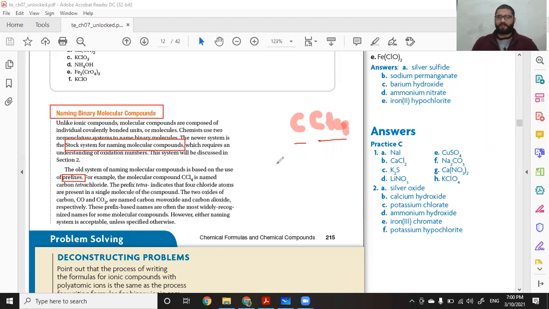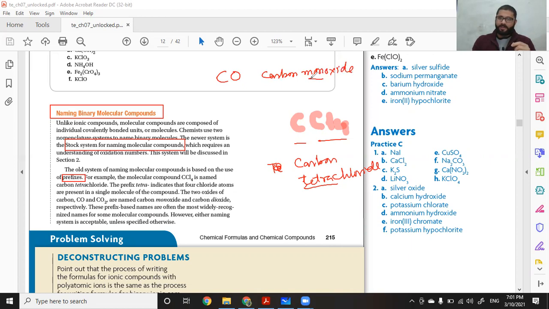So the name of this compound would be carbon tetrachloride. The word tetra here is a prefix that is used for 4. And if there is only one element, in the case of CO, we can say this is carbon monoxide.